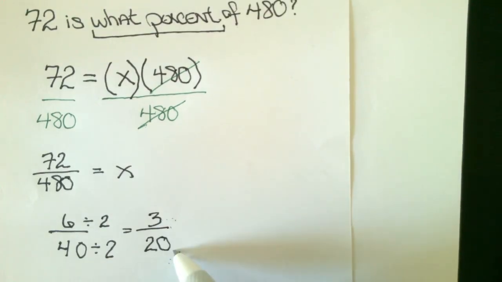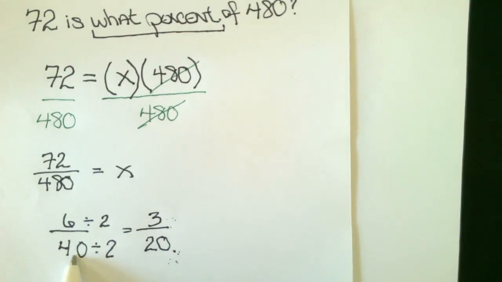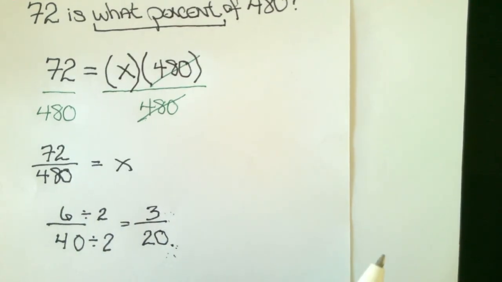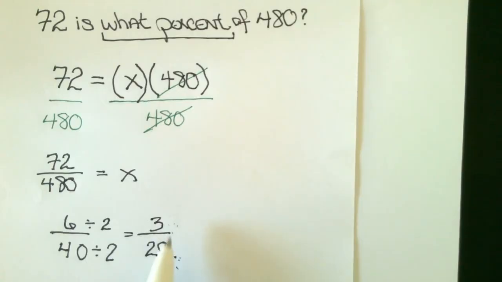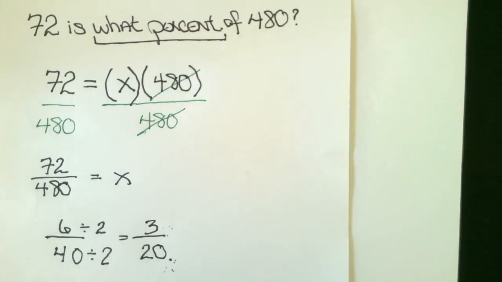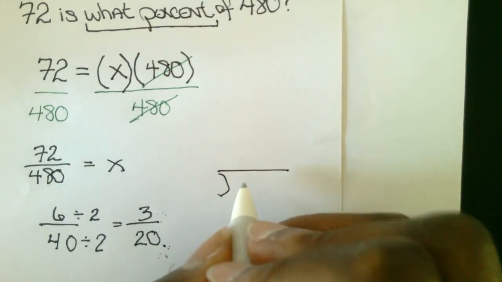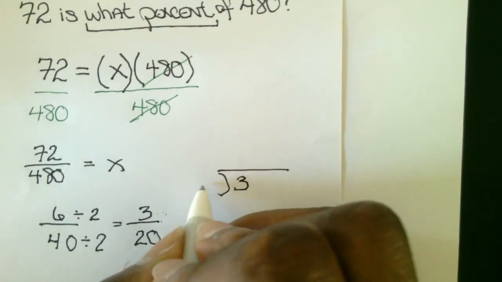Now that it's reduced a little bit, if I want to do the division, I can. Because what are they asking for? They're not asking for the ratio. They're asking for the percentage. So I know I have to do my division. So I have my 3 divided by 20.